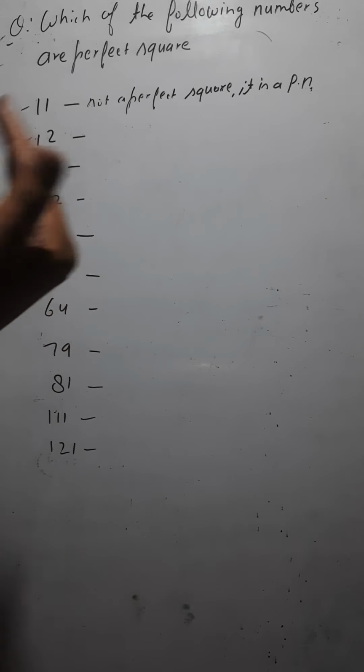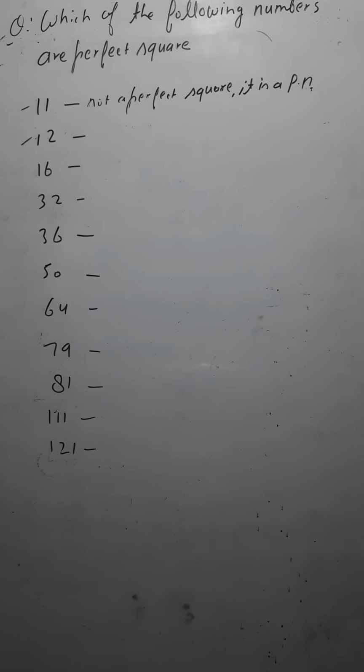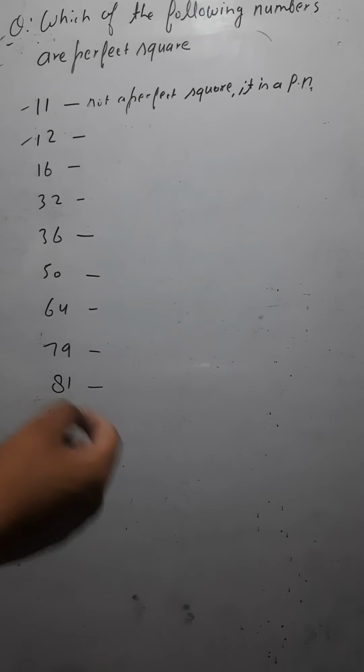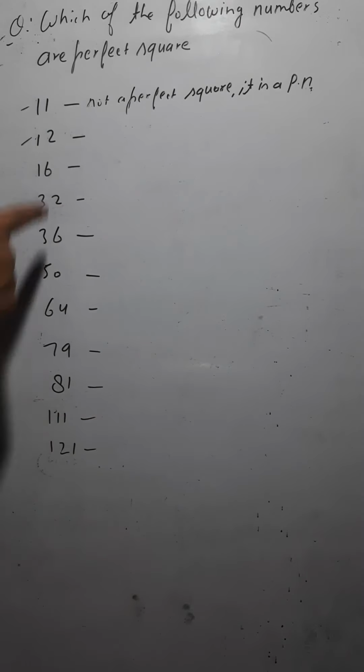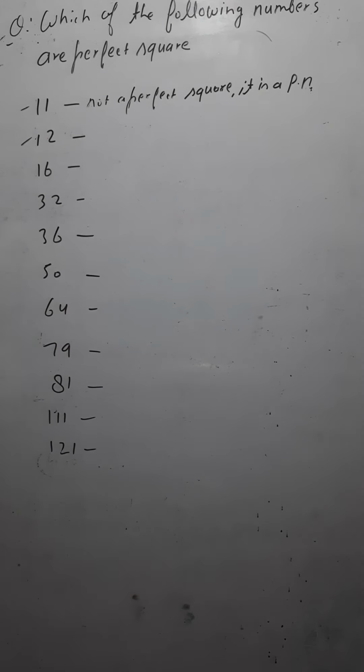Like 12 ends with 2, 22, 32, 42, 52, 122, all end with 2. Any number that ends with 2 would not be a perfect square.